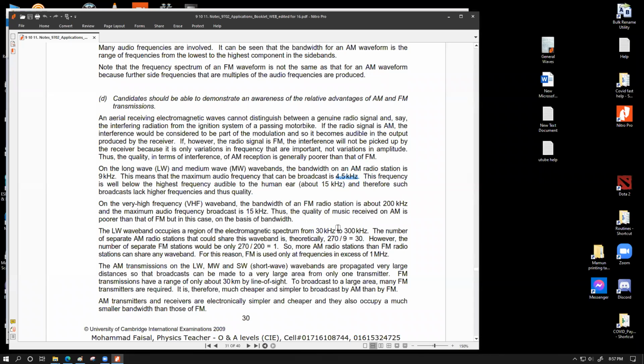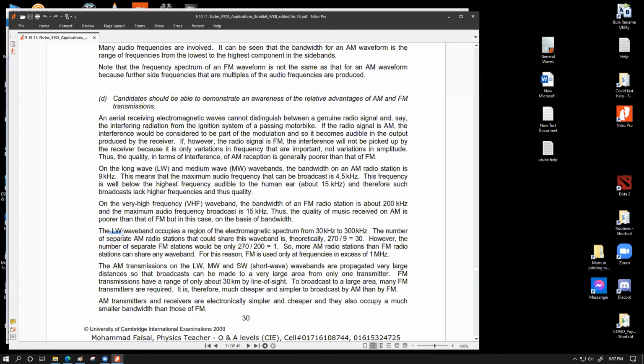Another one from 48 to 57. So you're going to sell 9 kilohertz worth of frequency range to individual radio stations, radio companies, and theoretically within a given amount of space, there can be 30 individual radio stations that can operate, if all of which are operating within the LW waveband.